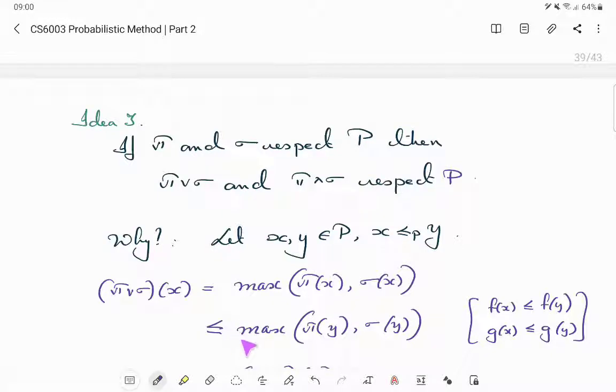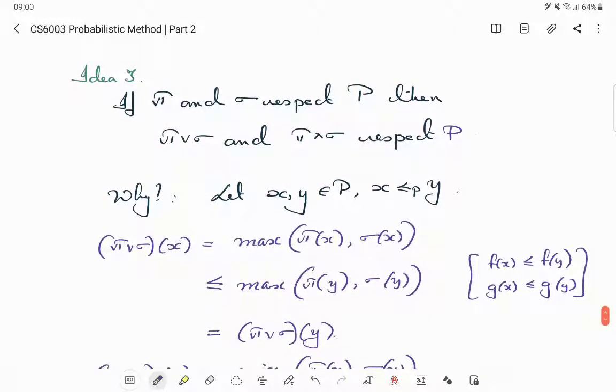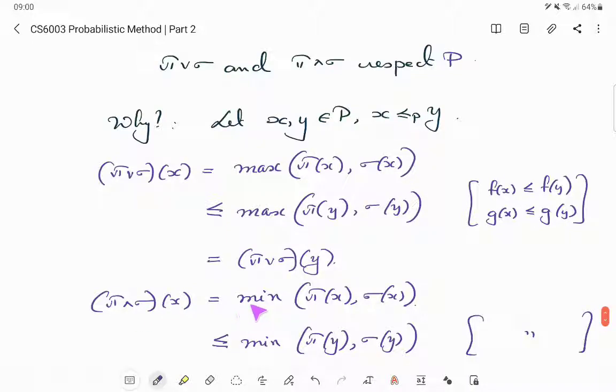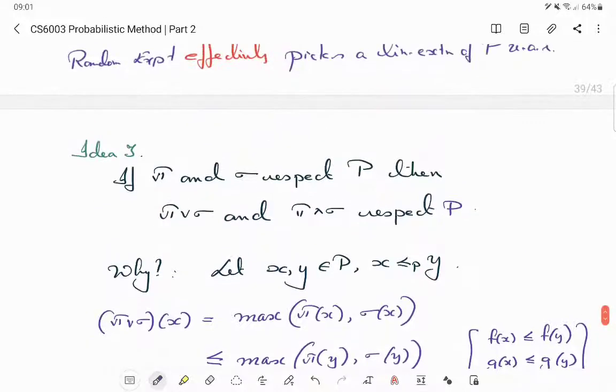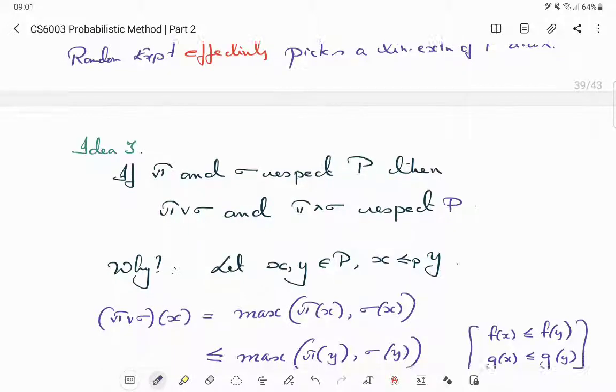So this is less than or equal to max of pi y, sigma y, which is nothing but the join evaluated at y. So the join respects the order among x and y. Similarly, the meet will also respect the order. Again, pairwise these two arguments dominate these two arguments, so the minimum cannot go down. So the join and the meet will also be functions which respect p.